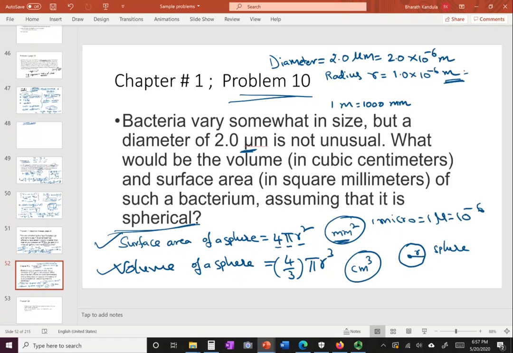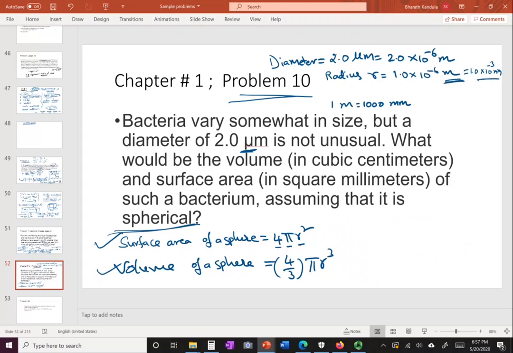That makes it 1 times 10 to the power negative 3 millimeters. Now substitute this value in here. So surface area is equal to 4 pi times 1 times 10 to the power negative 3 millimeter square. You will write the value in millimeter square.